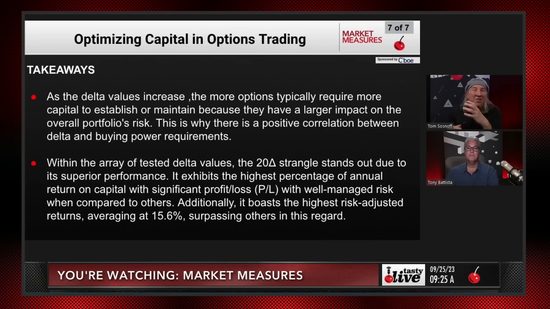If you're selling 16 delta strangles or 20 delta strangles, you're taking about 16% in risk to average just under 16% over the years. When you're taking, as far as trade risk, you're taking up to 3x the amount of risk. Because it's about 18,000. Yeah, you're taking about 3x the amount of risk for less reward.